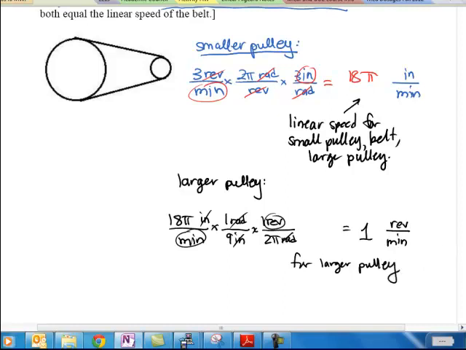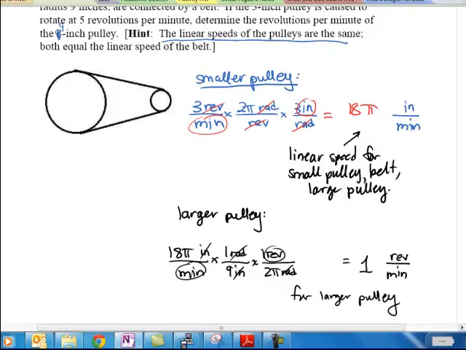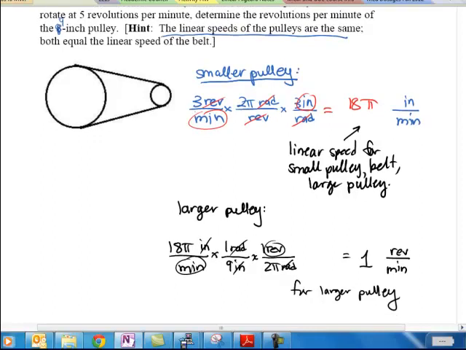There are certainly other ways to get through this problem, but I would highly recommend using dimensional analysis to work through these linear and angular speed problems. Just think about what are the units that I've got and what are the units that I want.